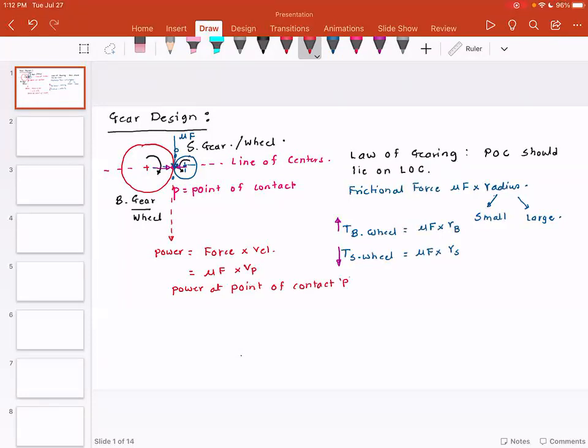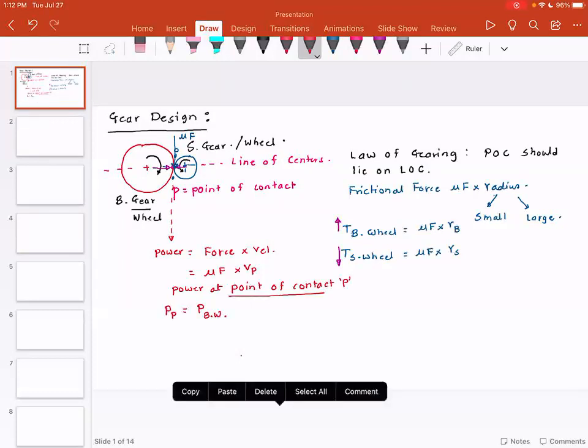P. Now please note this point of contact is shared by the big wheel and the small wheel. In other words, this power P is equal to the power of the big wheel. I'm going to call this BW, power by the big wheel.